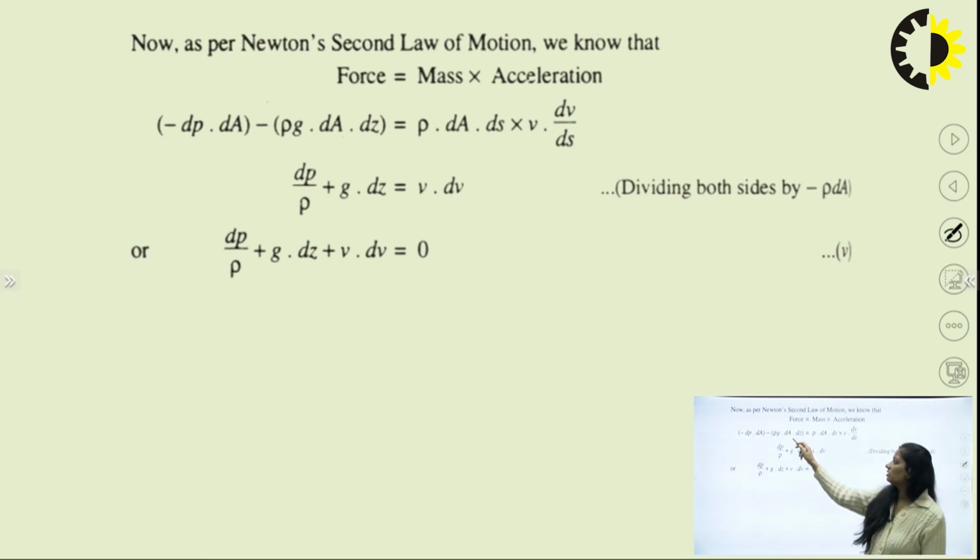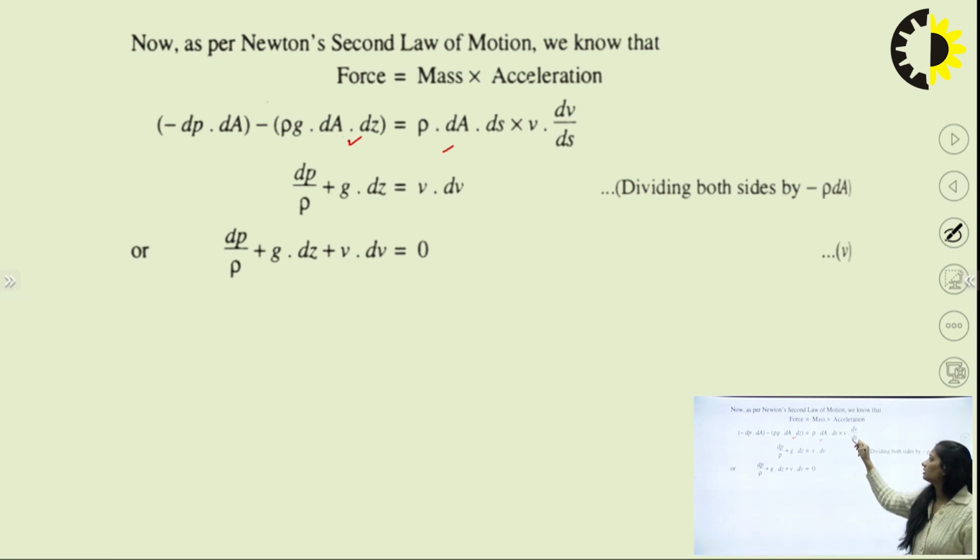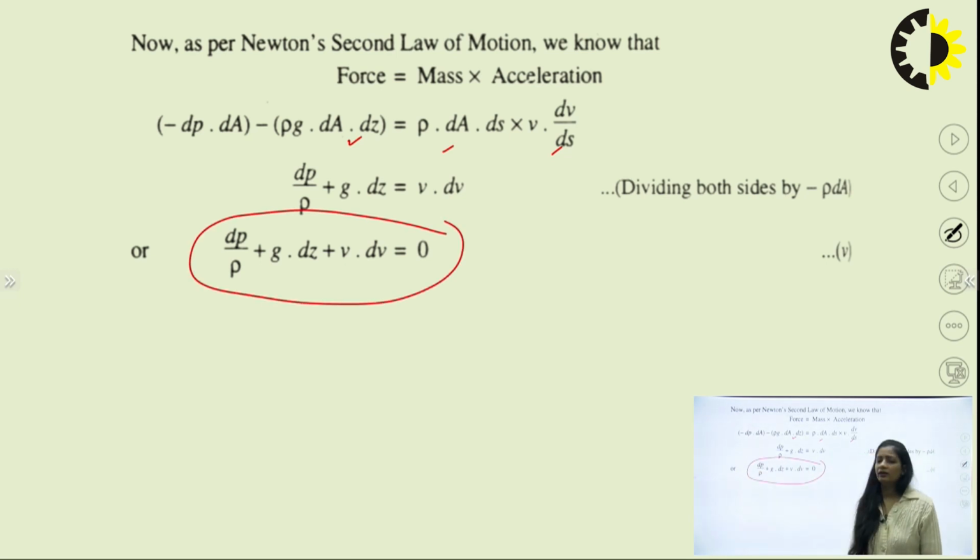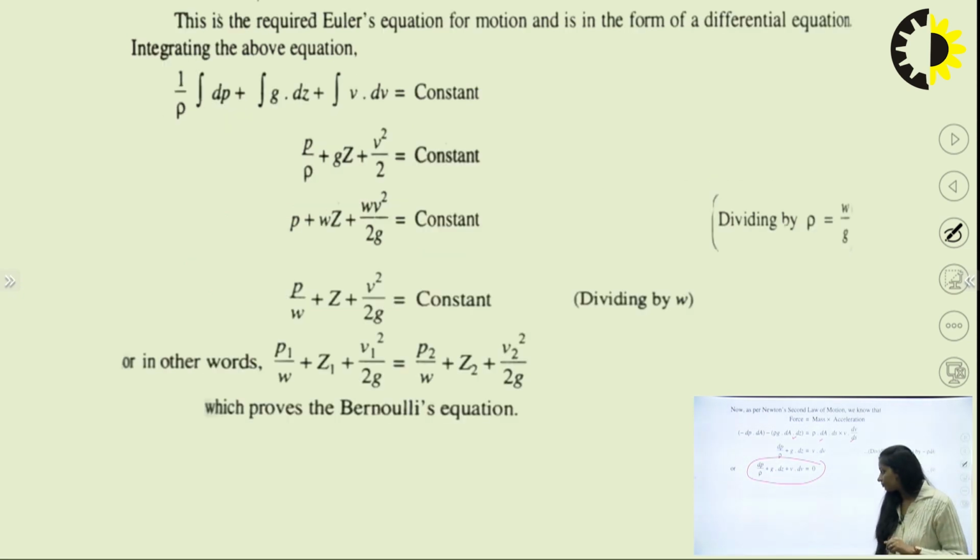Force you have just calculated, mass you know, and acceleration you have just derived. Solving it, you get the final equation, which is actually Euler's equation of motion: dp by rho plus g dz plus v dv equals 0.